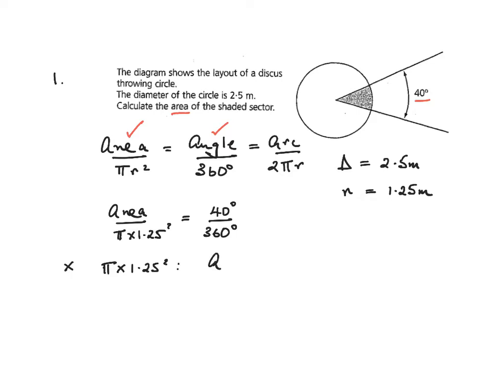So area then is, well, we could write it as 40 over 360 or divide top and bottom by 10. I think I'll just leave it just now as 40 over 360 times pi times 1.25 squared. And the answer is 0.5445 meters squared.